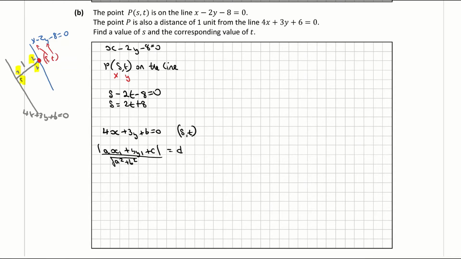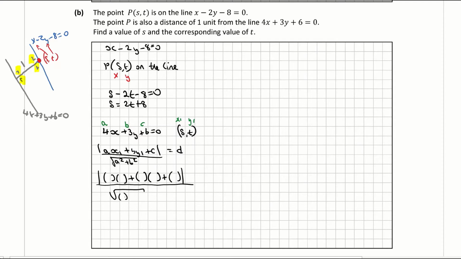If I sub in my information, my a is the coefficient of the x, the b is the positive 3, and the c is the constant, which is the plus 6. And x1 is the s, and my y1 is my t. So I'm basically subbing them into the formula now. Let's draw our brackets here. It's always good to use brackets, particularly when there are negative signs, but let's do it anyway.